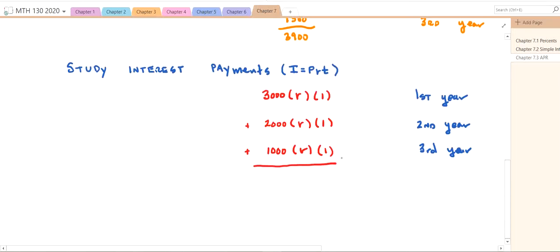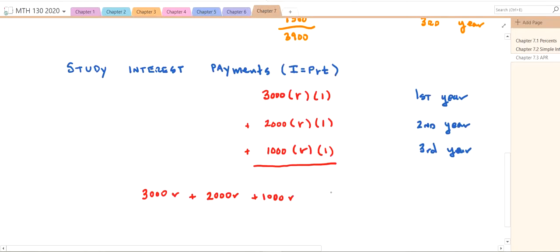In the third year, you only owe $1,000 now by the end of the third year, and this is your interest. So if we sum all three of these together, we'll end up with 3,000 R plus 2,000 R plus 1,000 R.